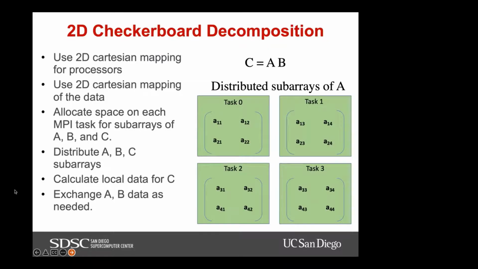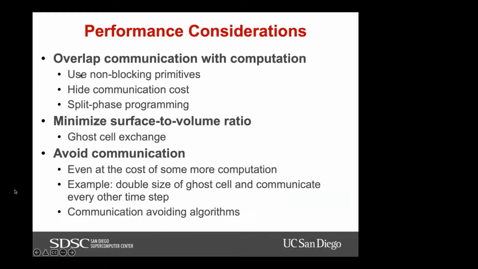So if you do a non-blocking call, then you'll completely hide the communication. So that's one way of doing it. And there's actually a code in-house, I think from the Southern California Earthquake Center, which some of the SDSC folks were involved in optimizing.